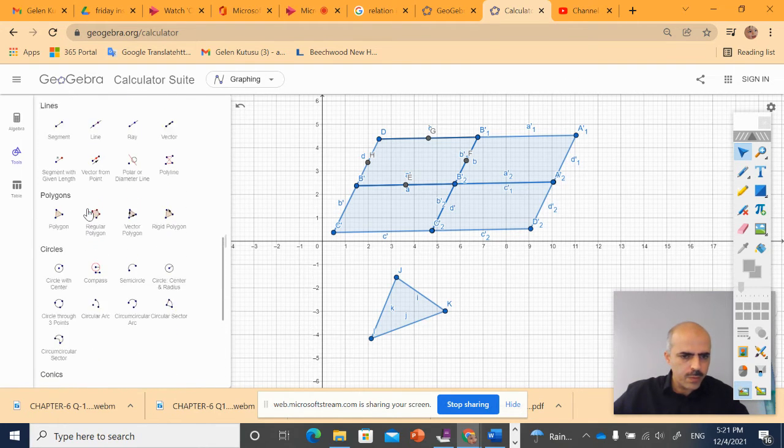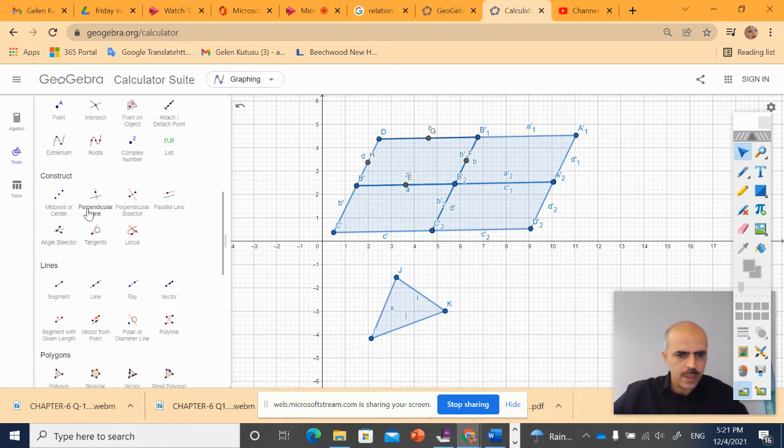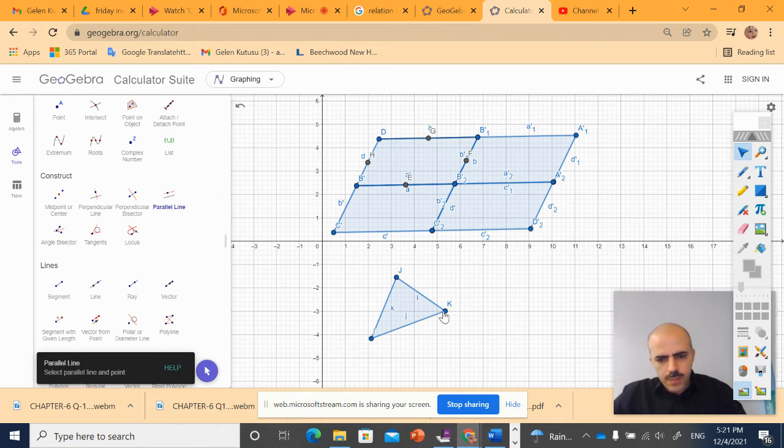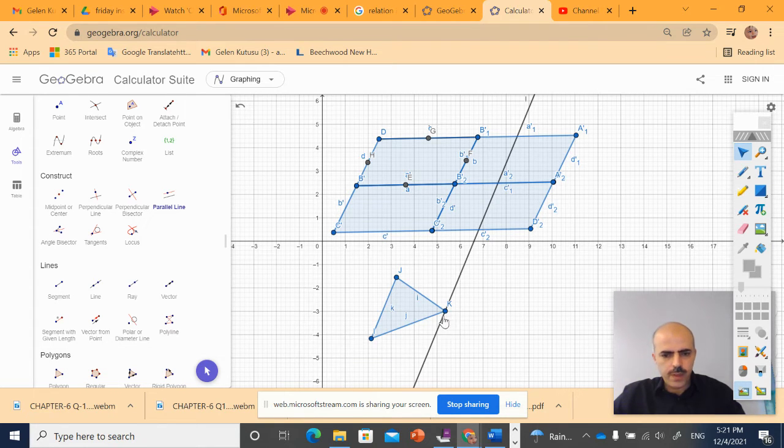How can I prove? Yes. Now I want to make a parallel line from this point to this line. And after that, whatever the distance is here, it will be the same distance. For example, if IJ is, let's suppose, 5 centimeters, I will try to make the same distance here, KL, not like that, let's make the line segment KL.